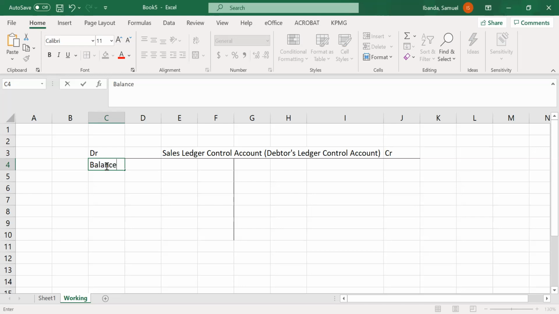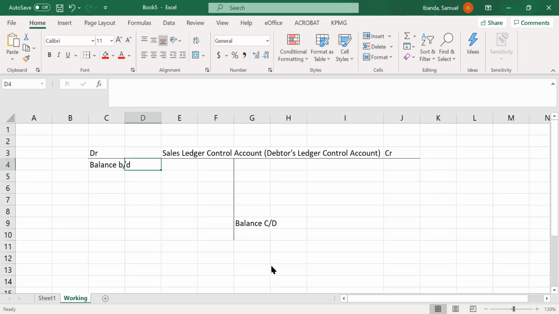Debtors have a normal debit balance. So balance brought down for debtors is written here, and balance carried down is recorded here.